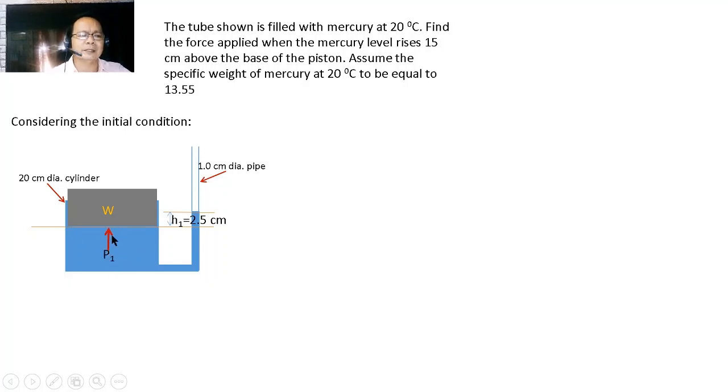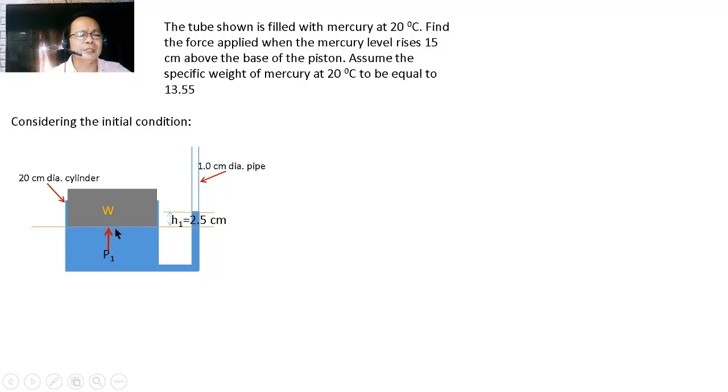We would expect that at the bottom or at the base of the piston there will be a hydrostatic force acting, and let us imagine that the pressure acting here is equal to P sub 1.